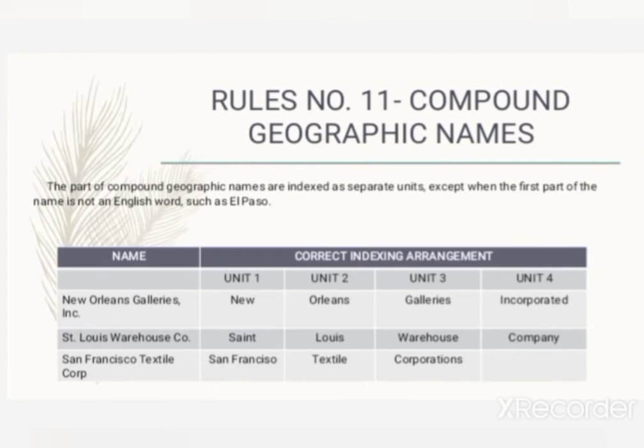Rule number 11. Compound geographic names. The parts of compound geographic names are indexed as separate units except when the first part of the name is not an English word, such as El Paso. In rule number 11, compound geographic names are separate units, but if the first part of the name is not English, it should be indexed as one unit.